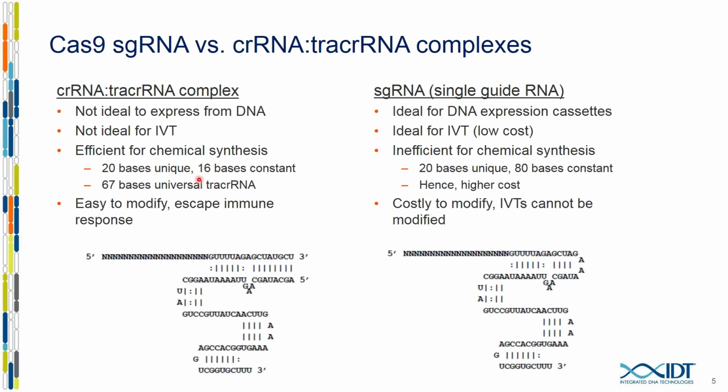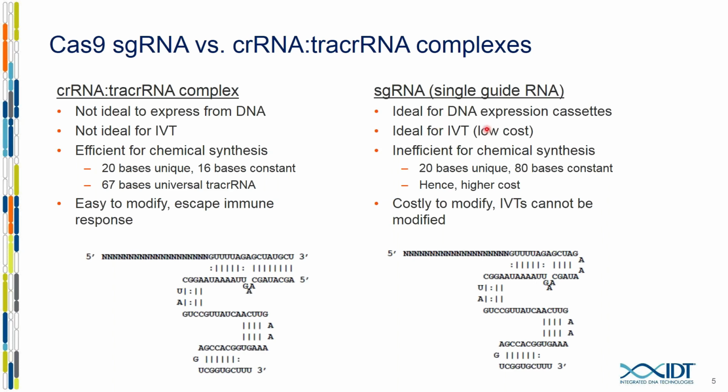So for the crRNA, we've got this 36-mer, and since it's so short, we can make it on the cheap. The 67-mer tracrRNA, we can make it cheaply as well. And because we're making them in a chemical fashion, we can modify chemically any position we want to do things like allow for escape of the immune response.